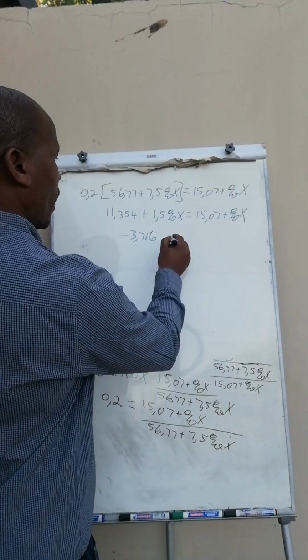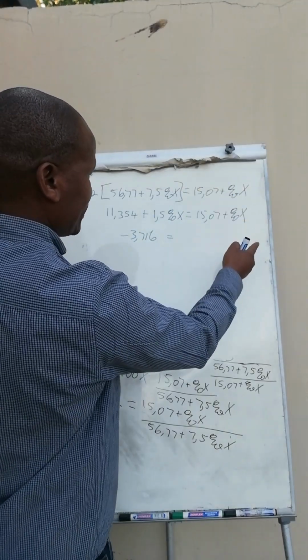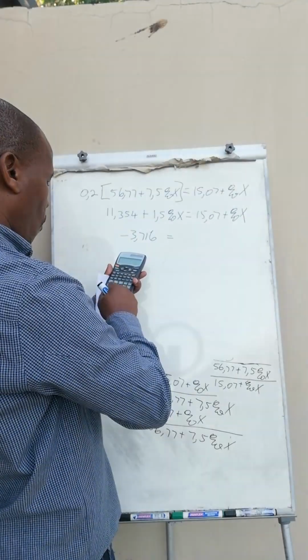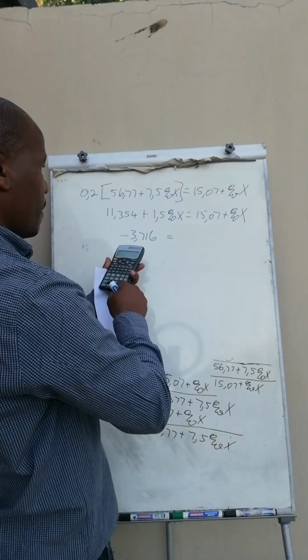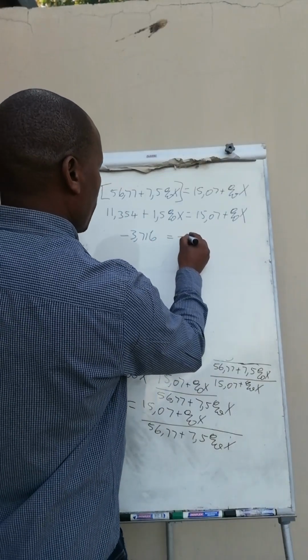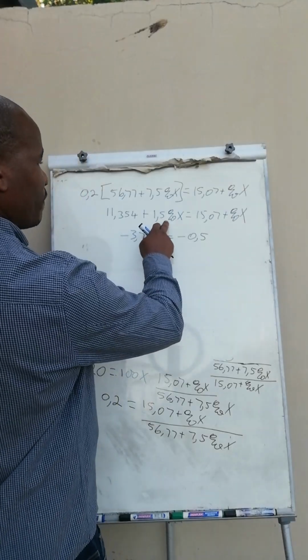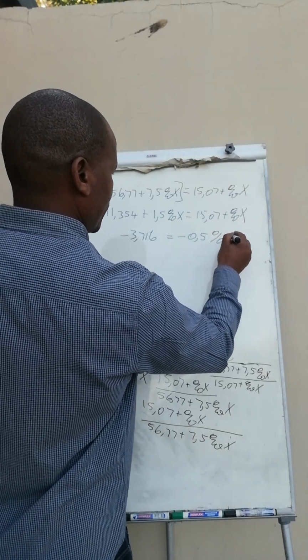Answer, it's minus 3.716 is equals to, this one can go that side. Because it goes that side, it changes a sign as well. It's gonna be minus. So it's gonna be 1.5 minus 1 is gonna be minus 0.5. 1.5 minus just 1 percentage x.